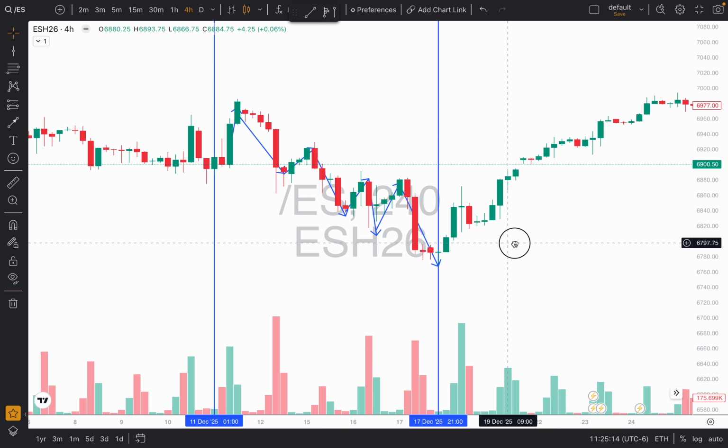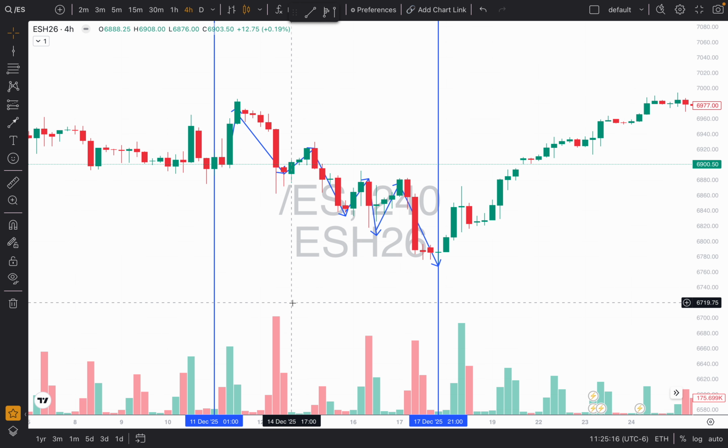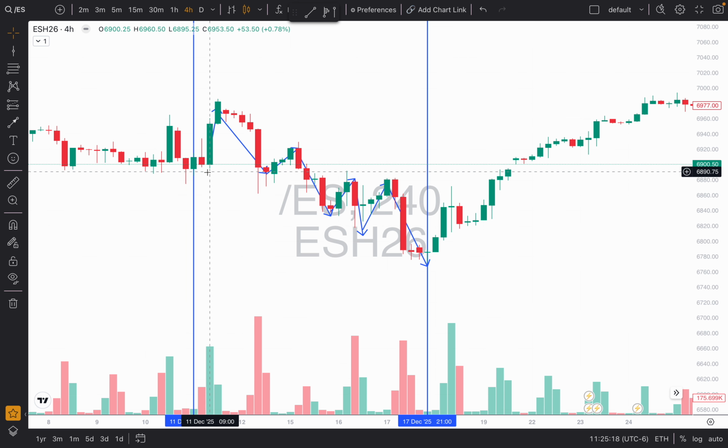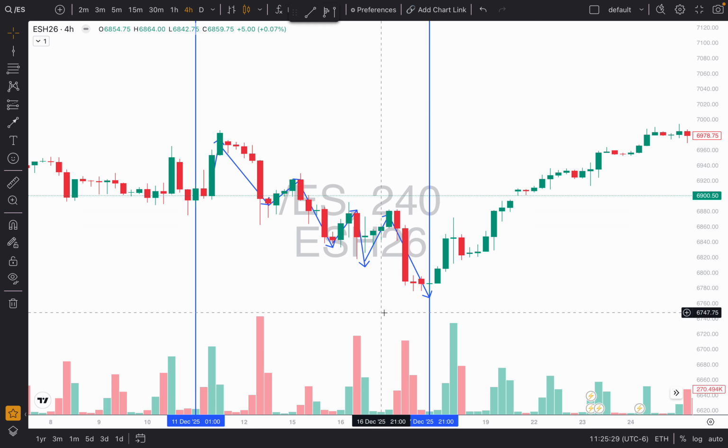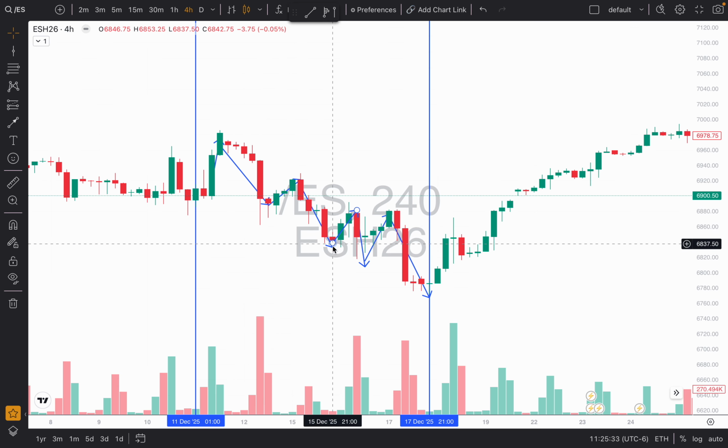So in a downtrend, it is classified as a reversal whenever price breaks above that previous swing high, right? So these are swing high, swing high, swing high, swing high, just how I marked out to you guys.